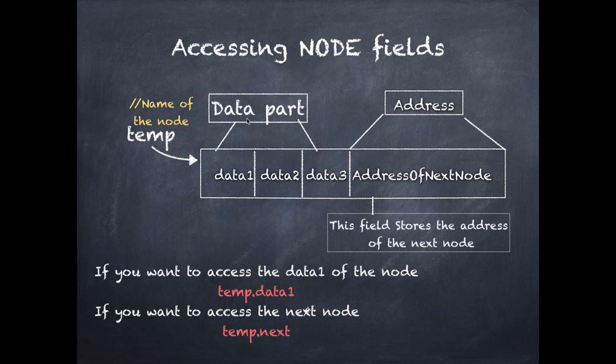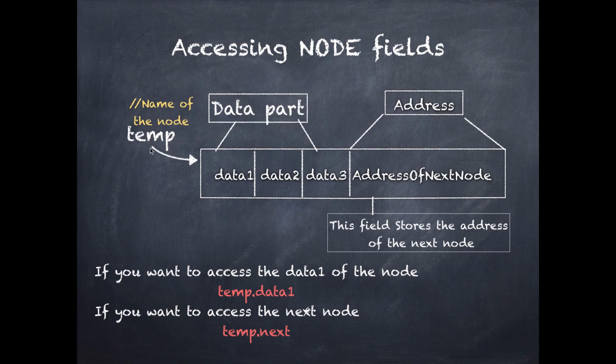Now I am dividing the data part into three different fields and you have an address field. So with this diagram, what you understand is the data part can be divided into multiple data. You can store multiple data in a node.